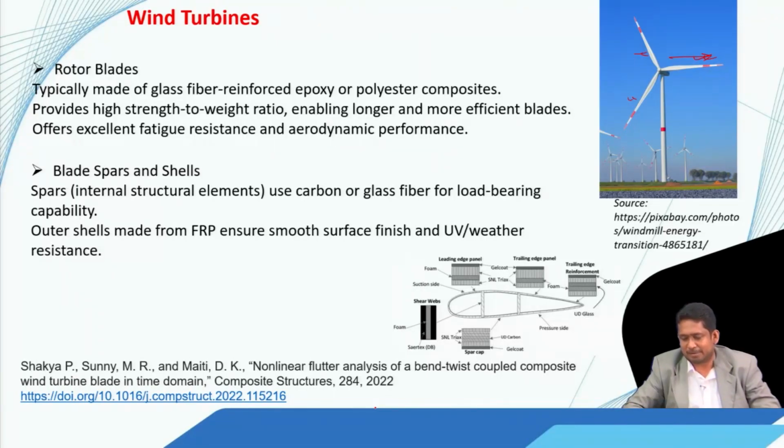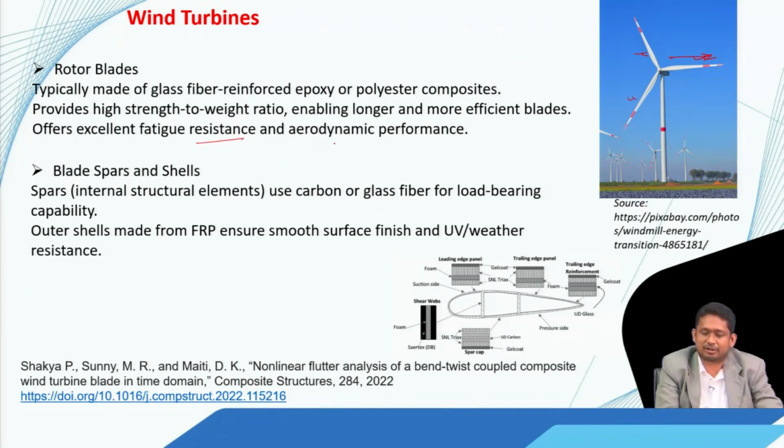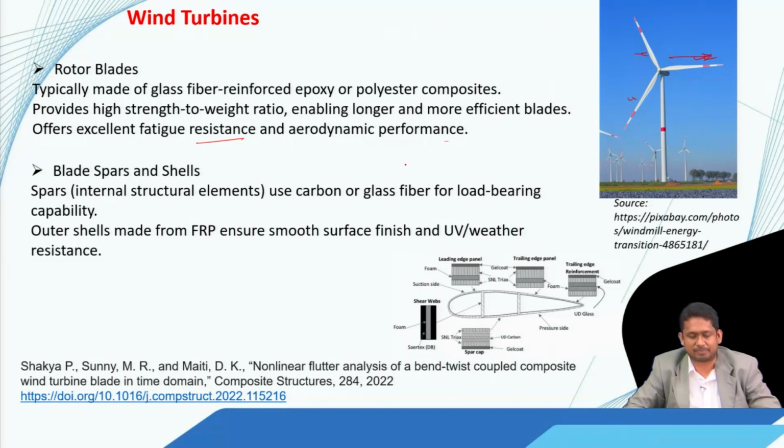With that kind of shape, fabricating with composite is easier, and most importantly, if you make it using composite, it becomes lighter. So, it has less rotary inertia, which makes it more efficient, and because it is always rotating, it is prone to fatigue also. So, fatigue resistance and aerodynamic performance can be achieved with composites.